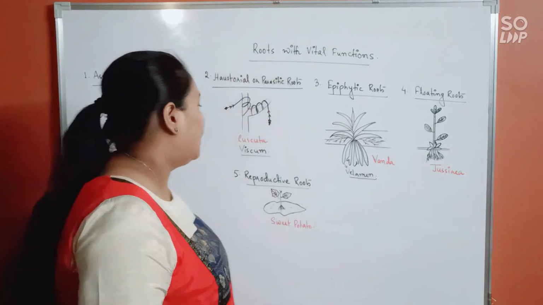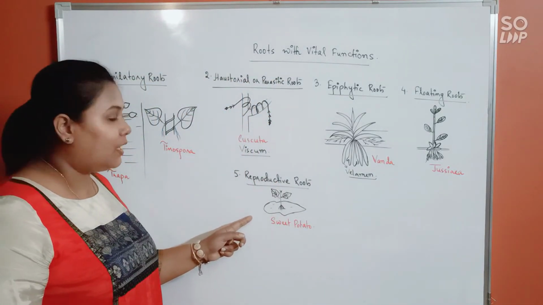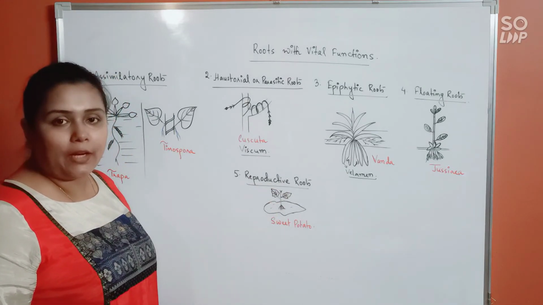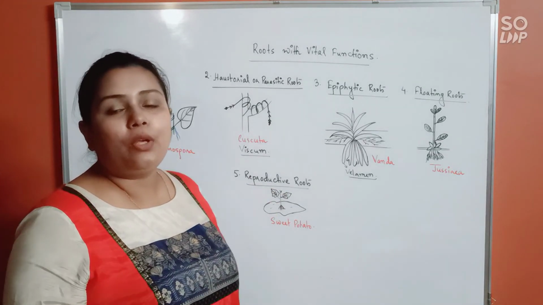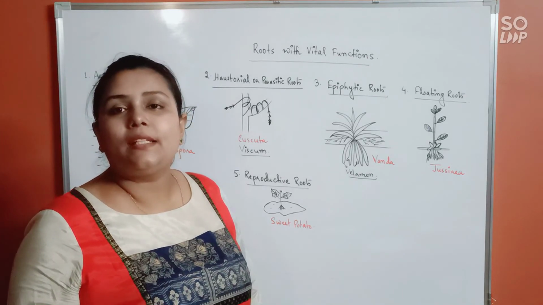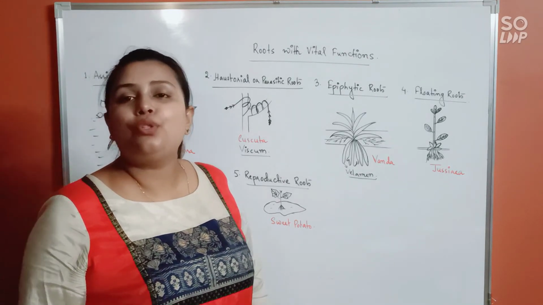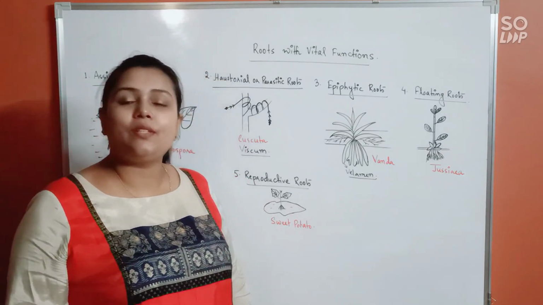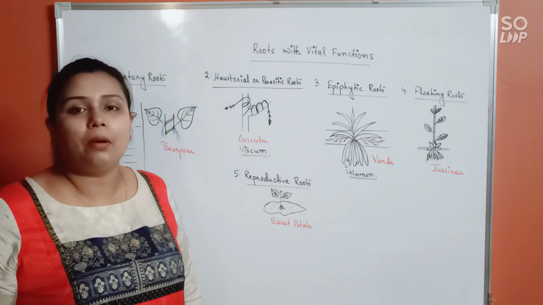Alright? Finally is the last, the reproductive root. This is the diagram of a sweet potato. See, sweet potato, even if it is a root, it is an exception because roots usually don't bear buds, right? But sweet potato is an exception as it can bear buds.